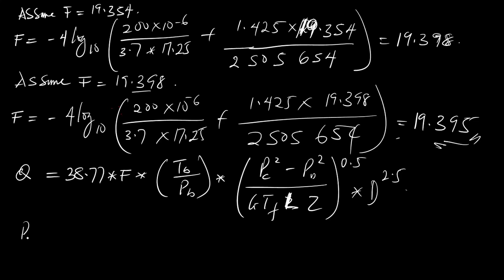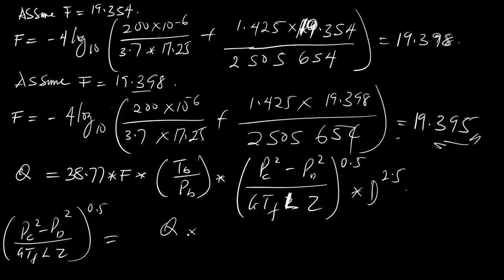You have P C square minus P D square divided by G T F L Z all raised to power 0.5 is equal to Q times PB divided by 38.77 F divided by TB times D raised to power 2.5.